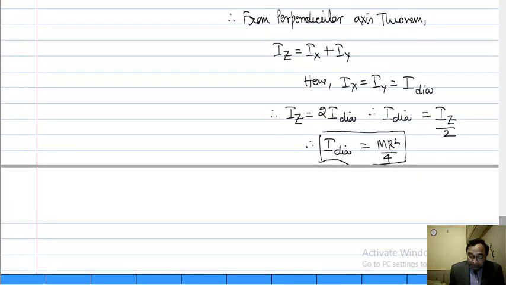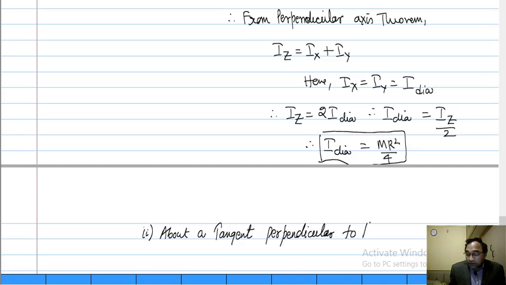Same way, suppose in the second case I take a tangent. Again, two tangents are possible. Take a tangent perpendicular to the plane of the disk.